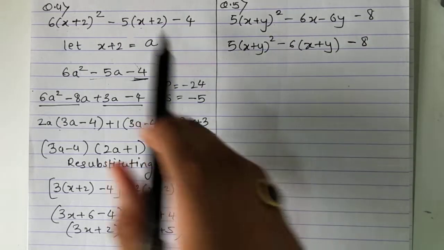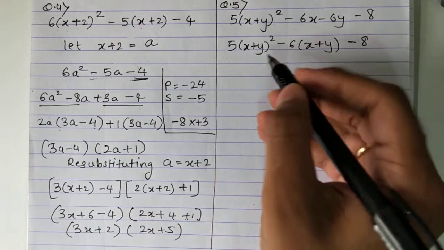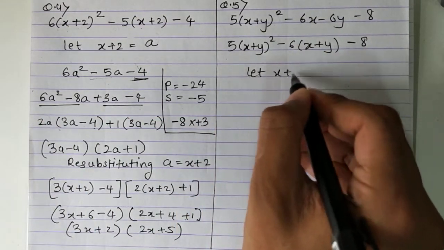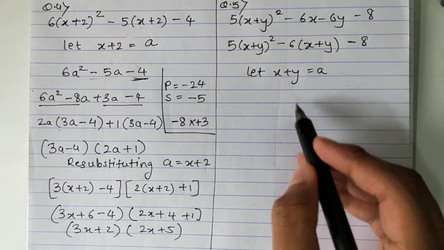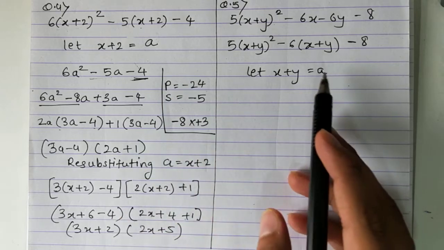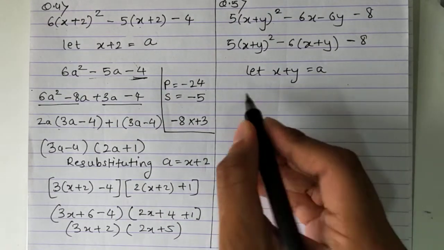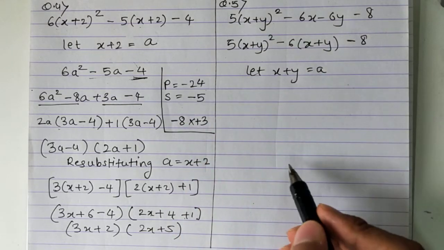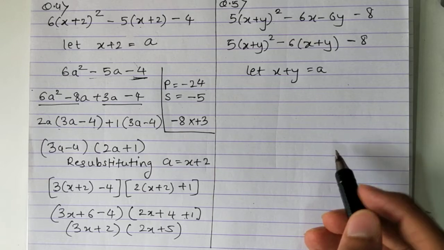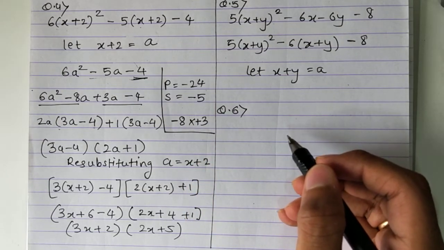Now it is exactly same as the previous question. So let x plus y be a. Put these values here, then solve in the same manner. You will get the answer. You can even pause the video and try to complete the sum on your own. Check your answer behind, and then continue with the video. I'll do question number 6.